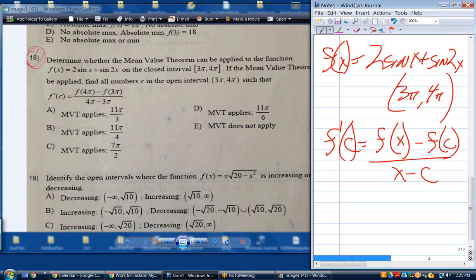Let me just see if I can find that exact definition. I don't use it very often because it's just not needed very often. Hold on.